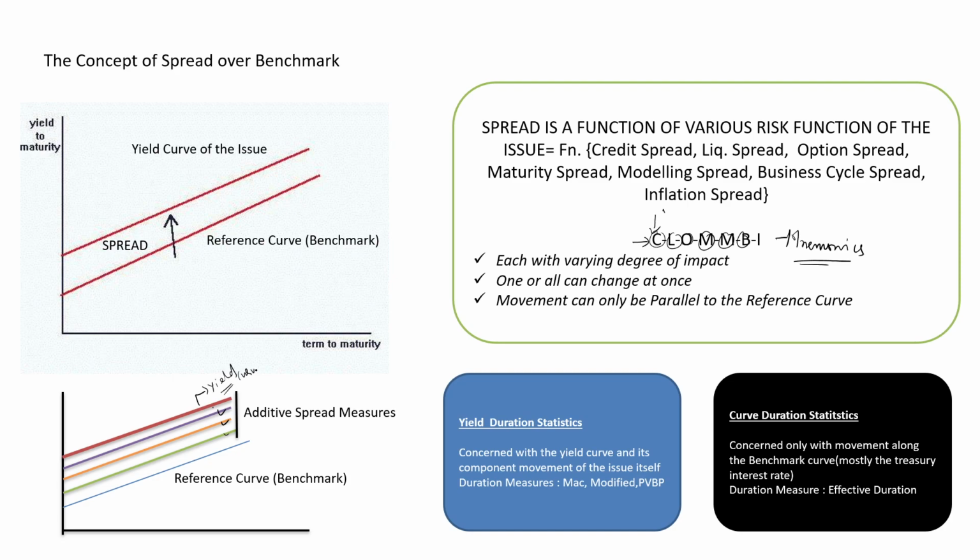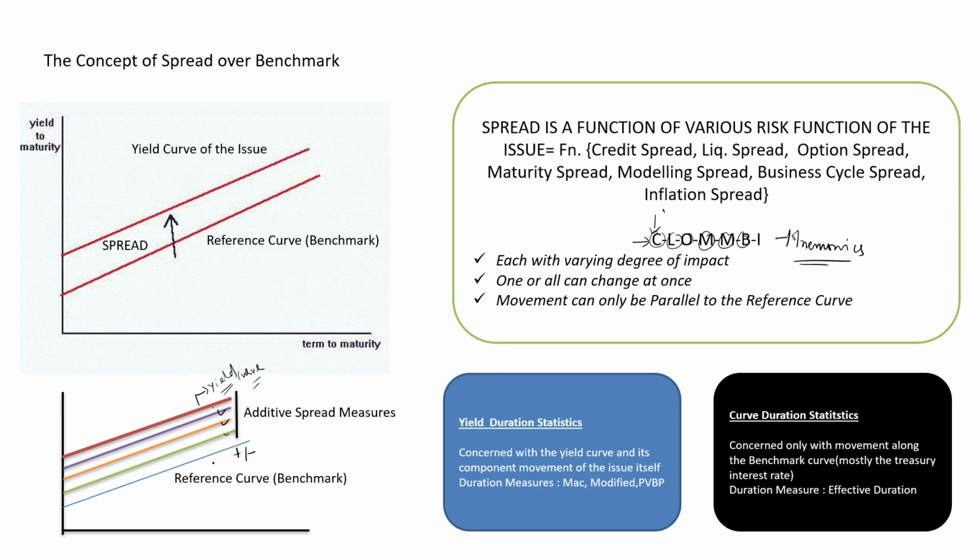Right. Now, the yield curve movement in the market can be attributed to one of many factors. One, to begin with, it is directly related, of course, to the reference benchmark itself. If there is a movement in the reference benchmark, either on the plus side or the minus, accordingly the yield curve will also shift.